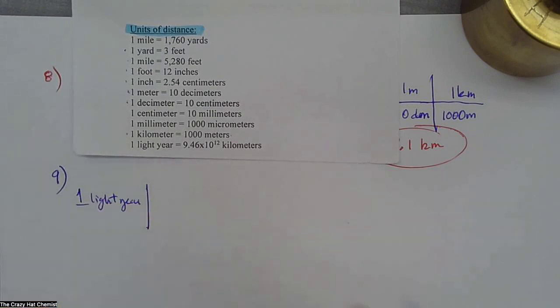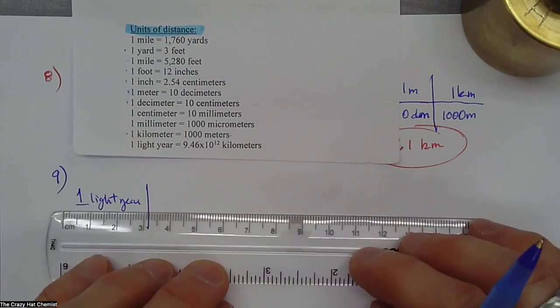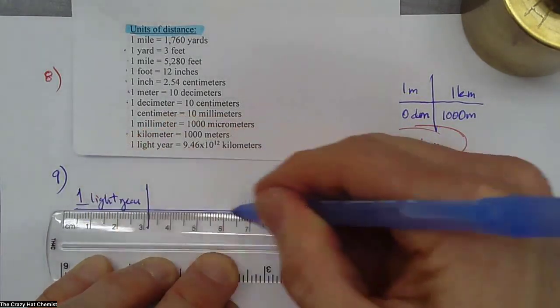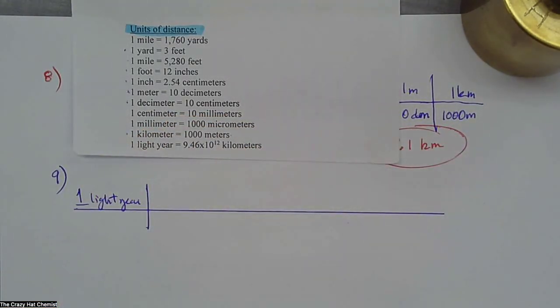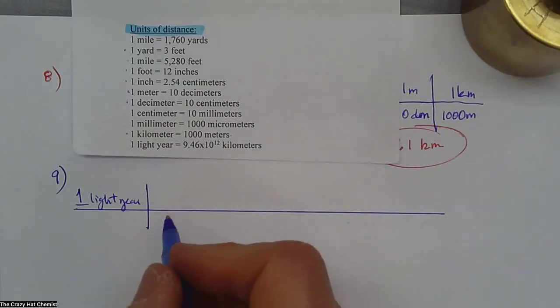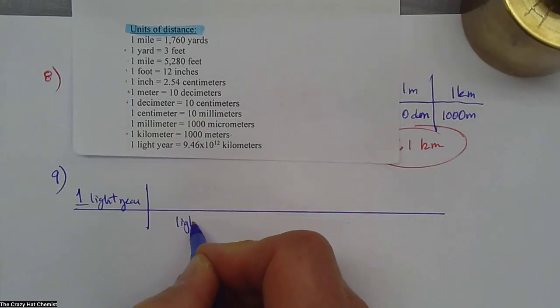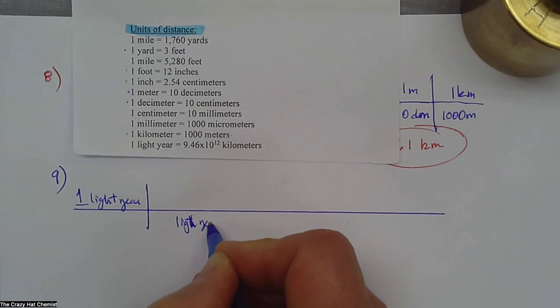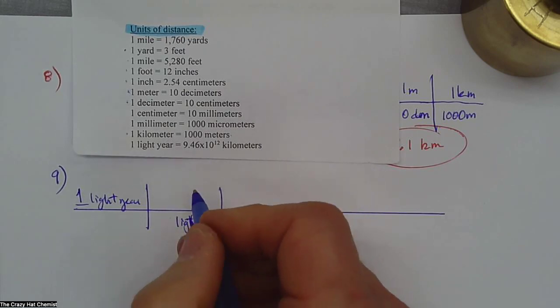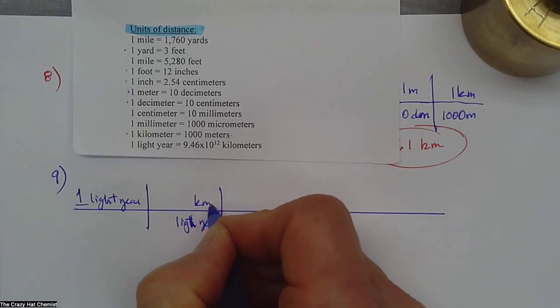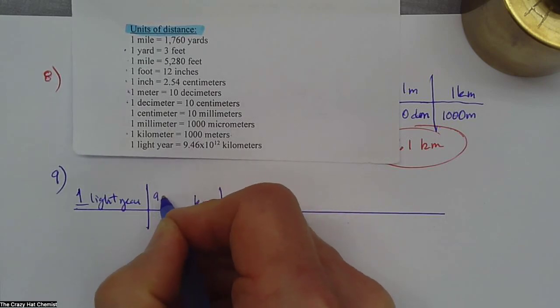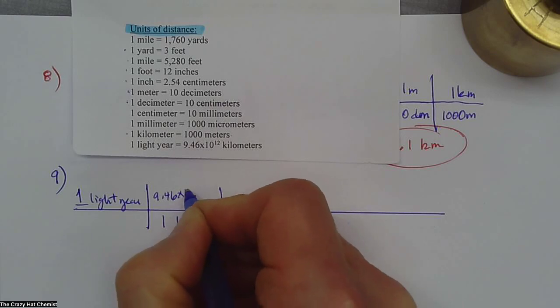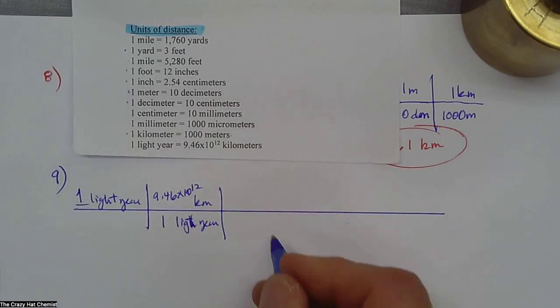Vertical stop. And let's do that horizontal line here that we are so desiring every single time. Okay, so we're going to have light year and then kilometers. 1 light year has 9.46 times 10 to the 12 kilometers.